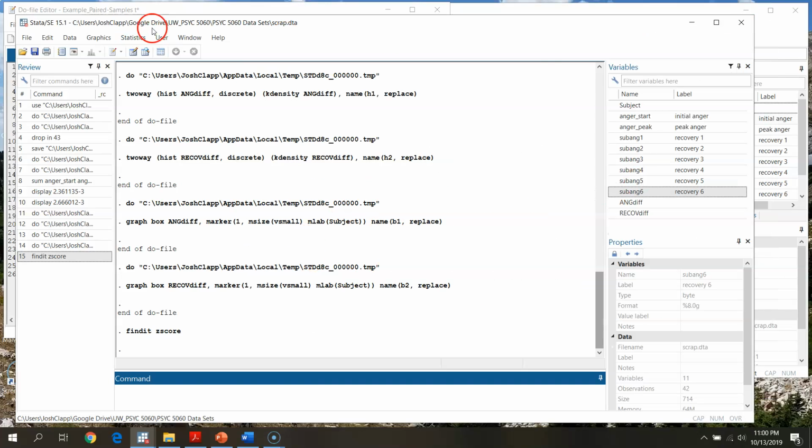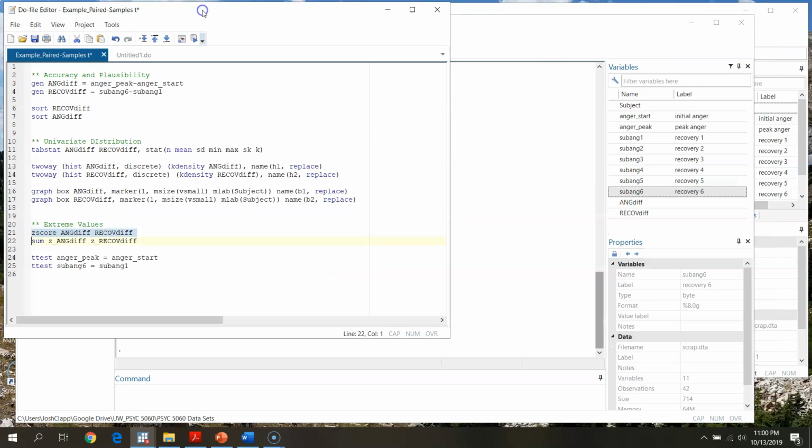Again, a nice aspect of Stata. But if you've gone through the single sample videos, you've already got this downloaded. So we can just run z-scores for anger difference and recovery difference, and then summarize descriptive statistics for our z-scores for both of these. Go through and run that.